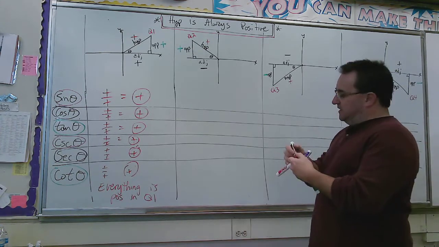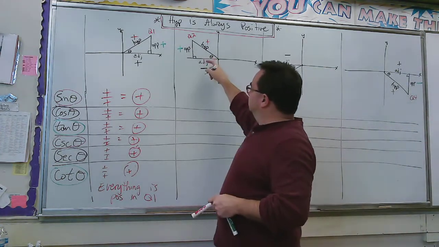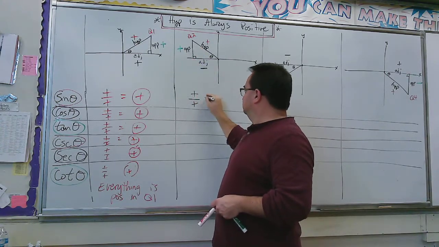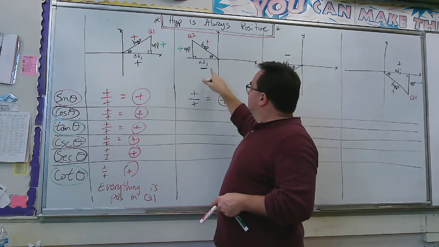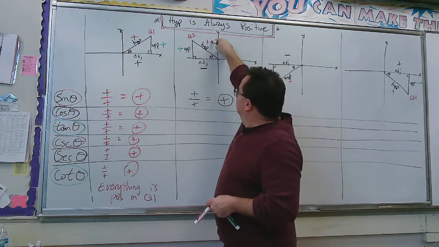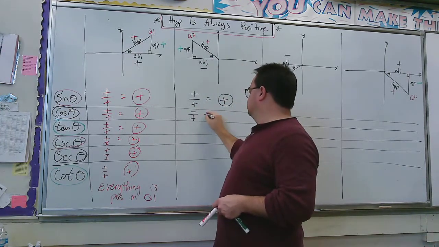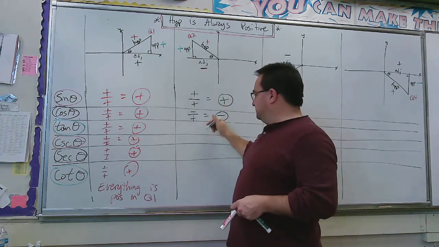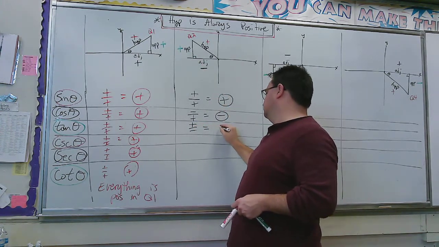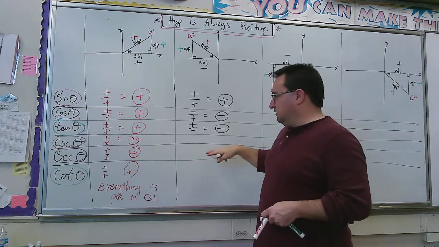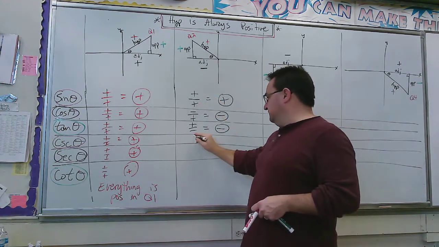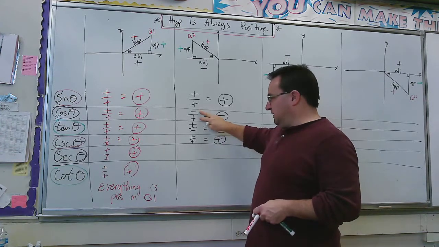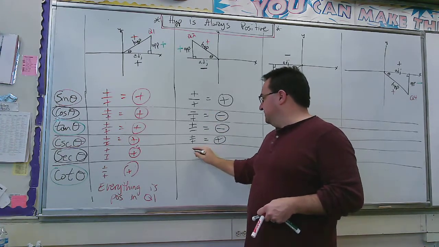All right, let's look at the next one, quadrant 2. Opposite over hypotenuse. Adjacent over hypotenuse. Opposite over adjacent. Cosecant is the reciprocal of this. Secant is the reciprocal of this.